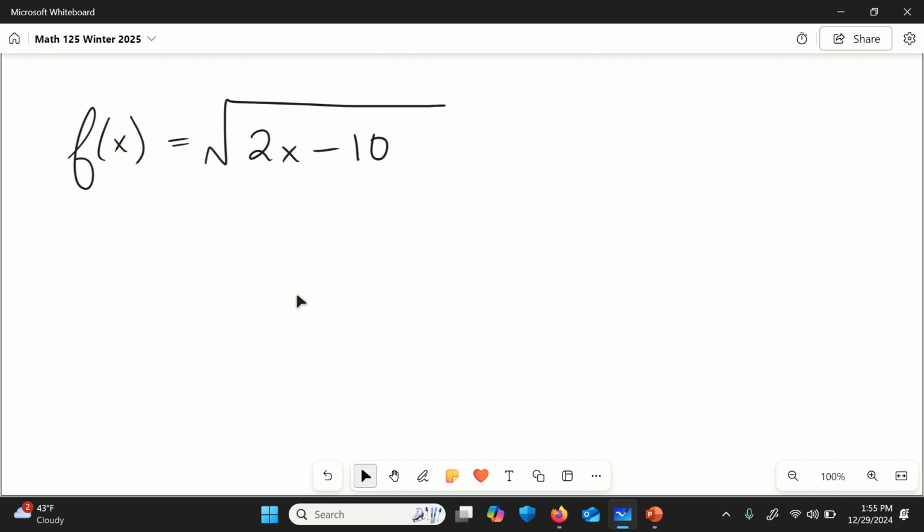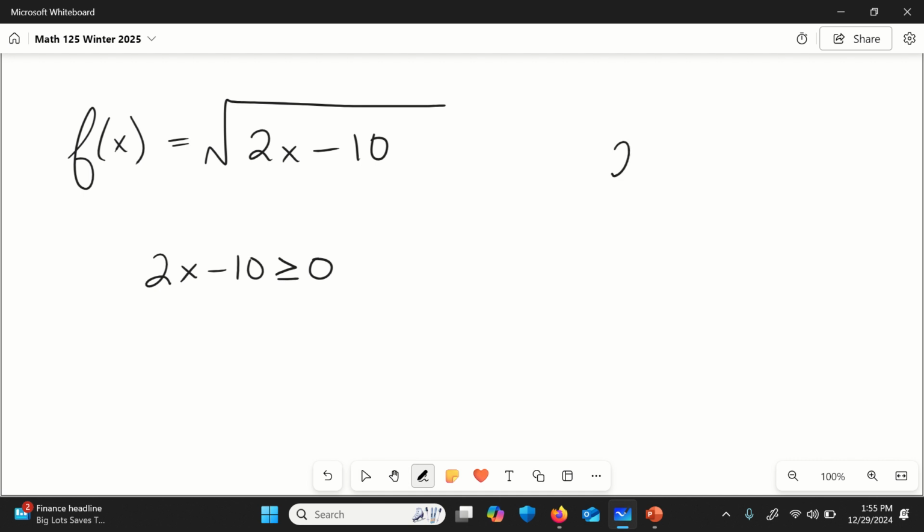As long as the value of 2x minus 10 is bigger than or equal to 0, it's okay. Square root of 0 is 0. Square roots of positive numbers are approachable within the real number system. So to describe the domain of this function, we need to find what numbers for x will give us a problem, give us a negative number inside the square root.